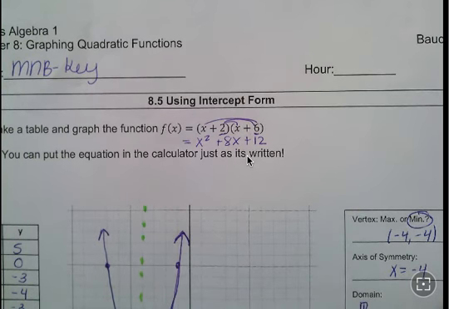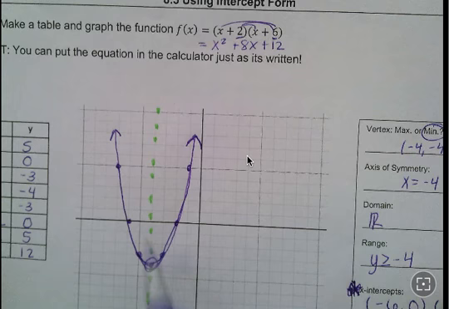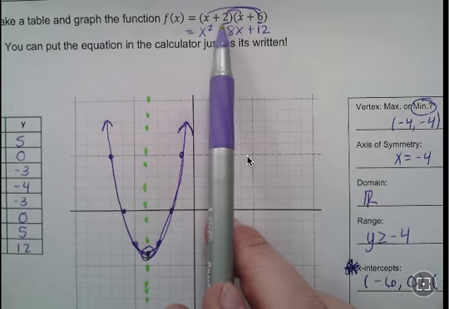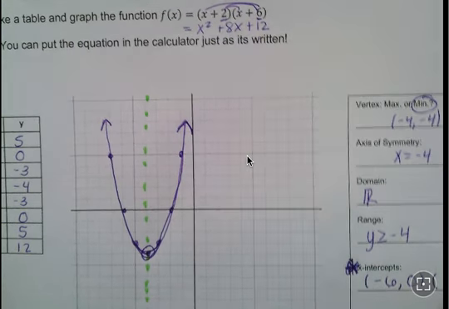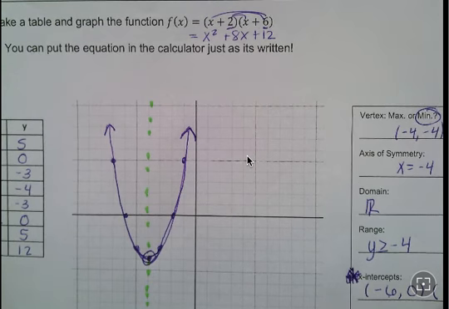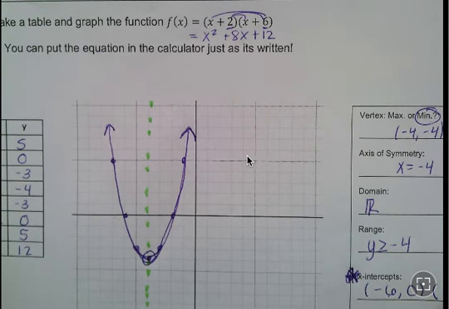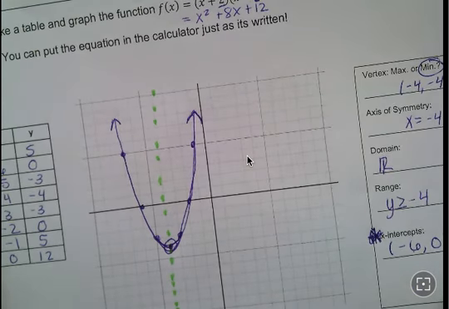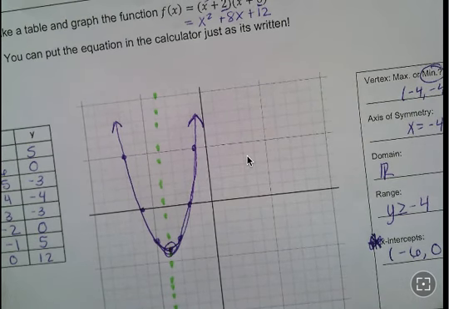You think an x plus 2 should move it to the right 2, but it in fact moved it to the left 2. So our x-intercepts moved to the left 2 and to the left 6, which is what happened here. This is why we call it intercept form, because when an equation is in factored form, it gives us the intercepts. So intercept form in general is x minus p times x minus q.